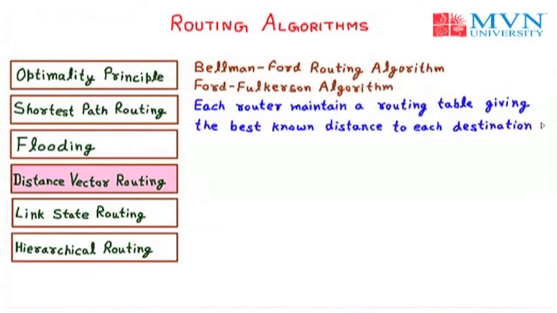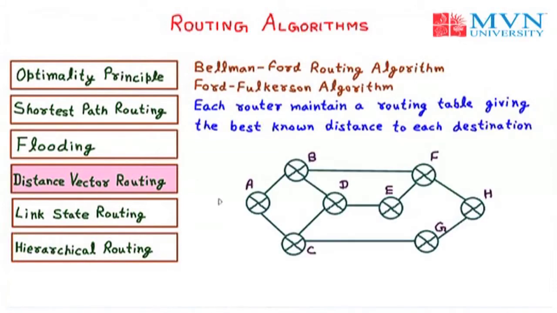To understand distance vector routing, let us take the example of the diagram we discussed previously, in which there is a source and destination, and between them there are various interconnecting routers which provide different paths from source to destination. In this diagram we have router A, that is the source, and router H, that is D, the destination, and each router contains a routing table.